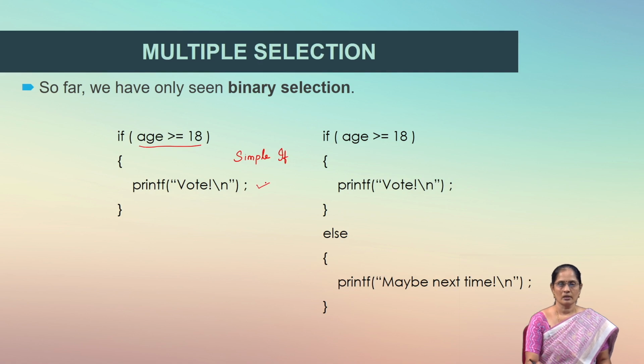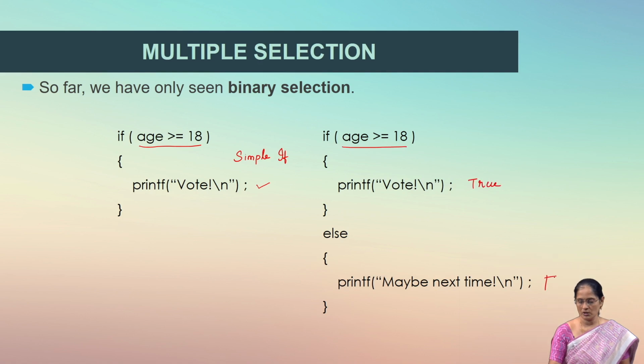The second is the if else statement, wherein we check a condition, and if the condition becomes true, the statement is executed. If the condition becomes false, the statement under the else part is executed. So, this is what we have worked on, where the output of the condition is binary.